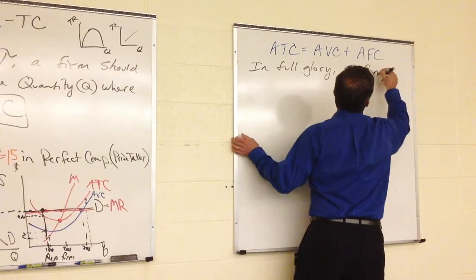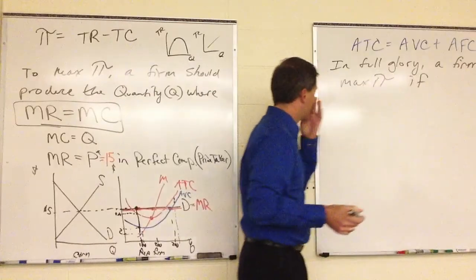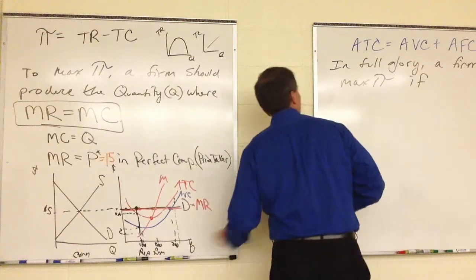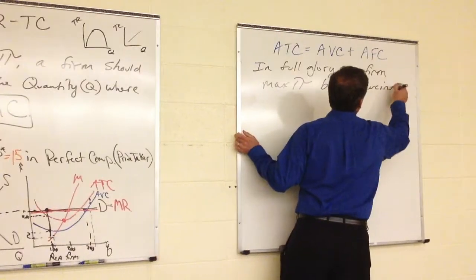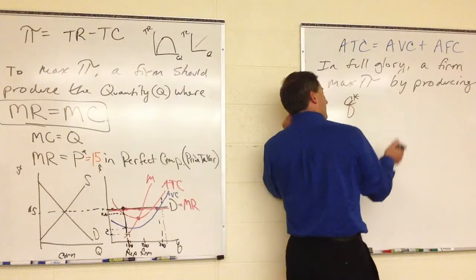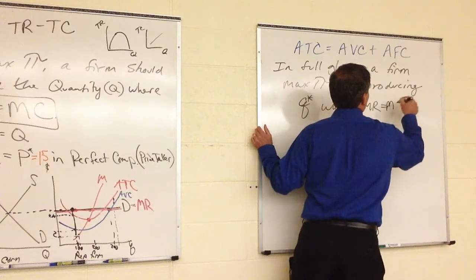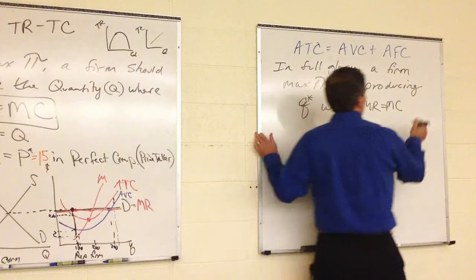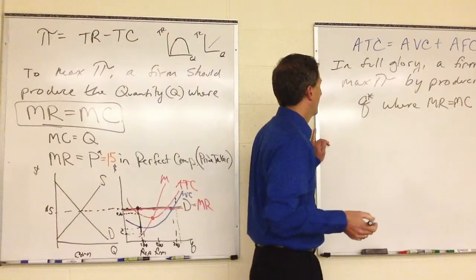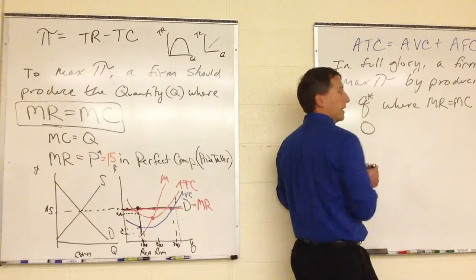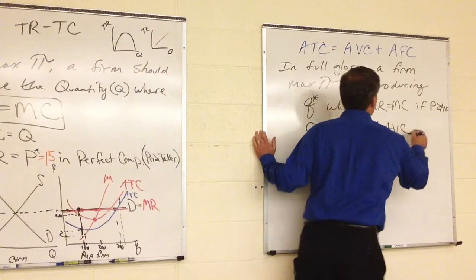A firm maximizes profits by producing Q star, where marginal revenue equals marginal cost, if price is greater than or equal to average variable cost, or by producing nothing if price is less than average variable cost.